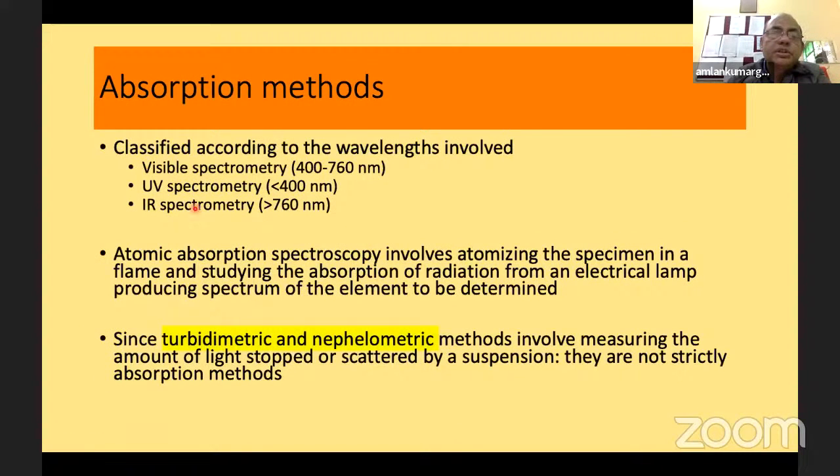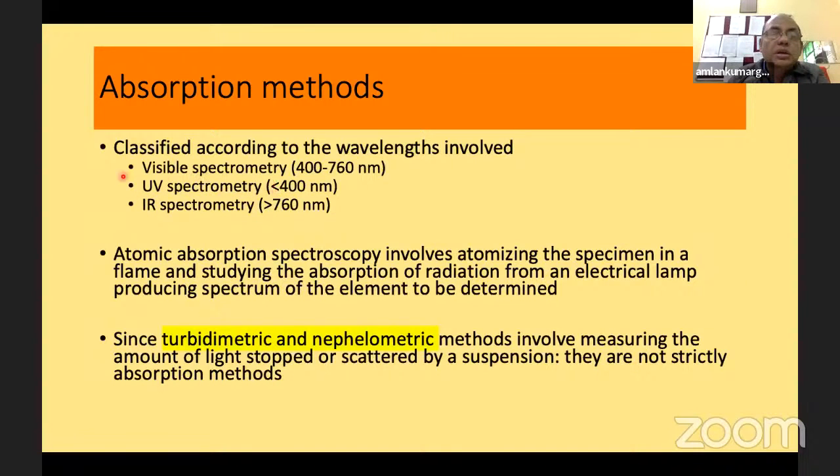Now, absorption methods are classified into visible spectrometry, where the wavelength of measurement is in the range of 400 to 760 nanometers. UV methods are if it is below 400, and IR methods are if it is more than 760 nanometers. So infrared spectrometry is used in studies on organic matter and functional groups.